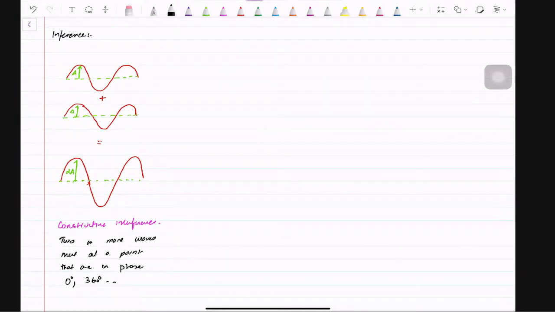Now, speaking of this, the other kind of interference that might occur is when, let's suppose, a wave is like this and there's another wave which is like this.